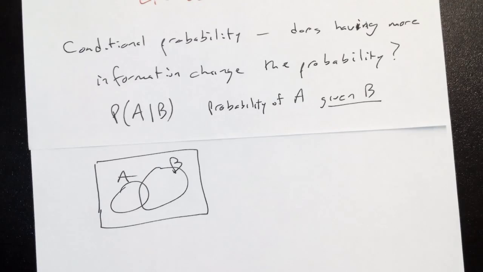What is the chance you pick a card at random from this deck and that card is a heart? 13 out of 52. Hearts are back here. There. Right? What's the chance you pick a card out of this deck and it's red?